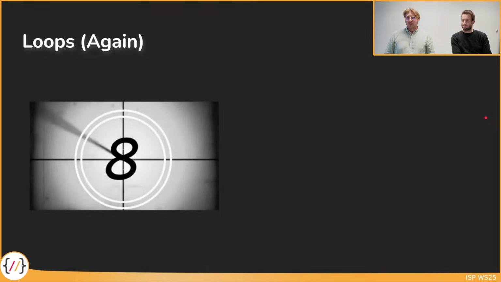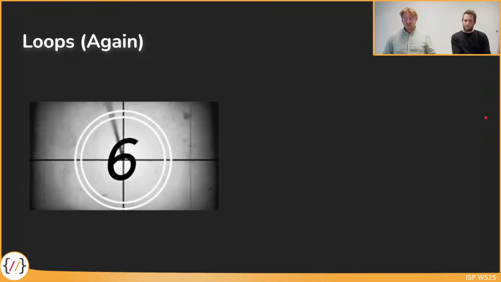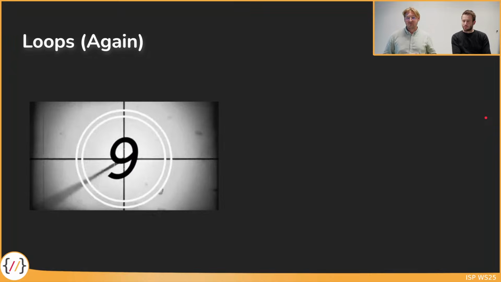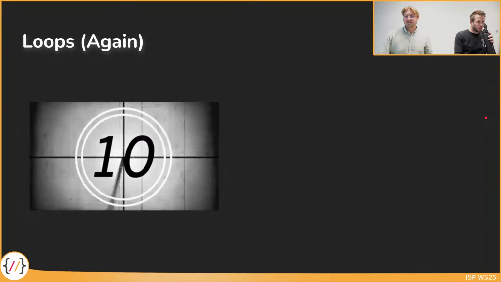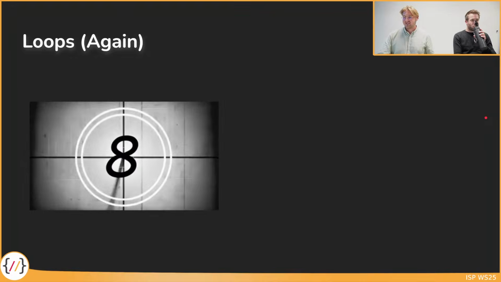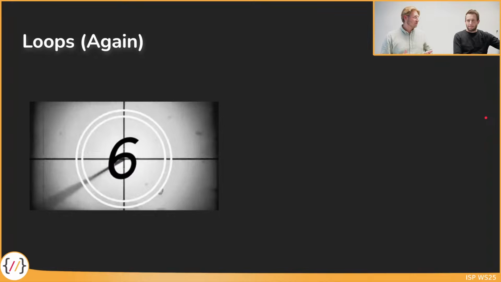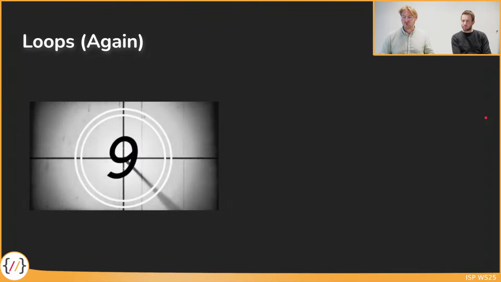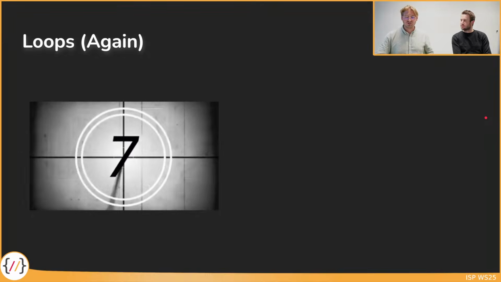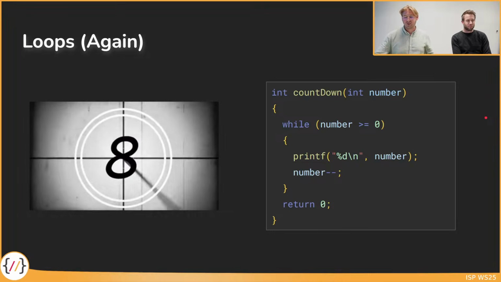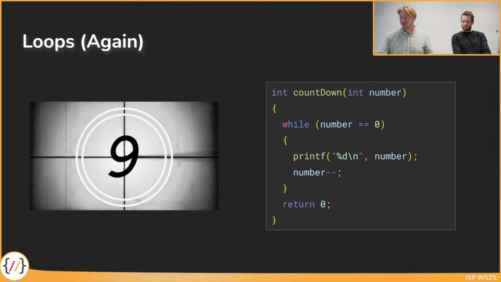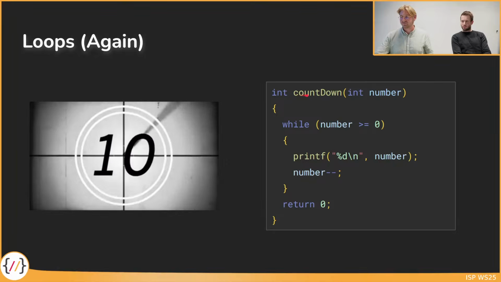Okay, perfect. Then let's take a very brief look at loops again. We have talked about it last week already, and today we have prepared another example. We want to print a countdown, for example, as in cinemas or movies. So how could we do it? We have prepared a code snippet here and will briefly go through it. It's a function called countdown.